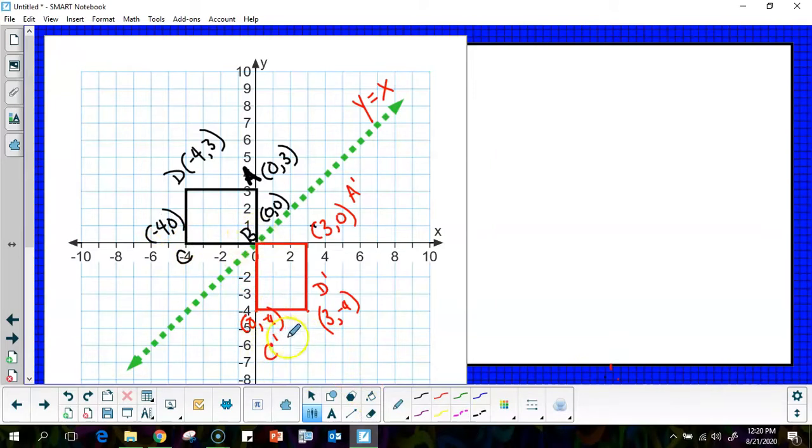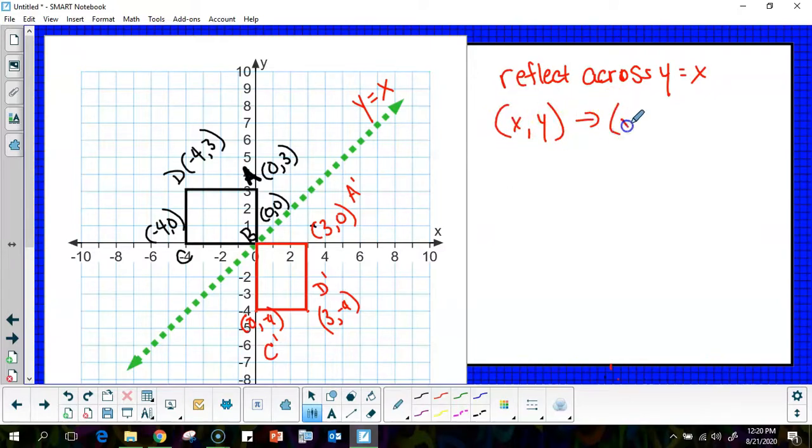And then 0, 0 stays the same. But what happened to the coordinates? Well, it looks like they just flip-flopped, didn't they? So 0, 3 becomes 3, 0. Negative 4, 3 becomes 3, negative 4. So if you reflect across y equals x, then what happens is xy becomes yx.